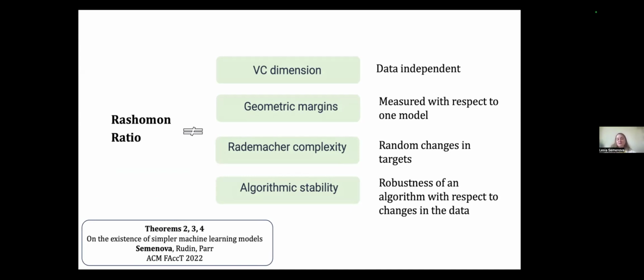Rademacher complexity measures random changes in targets, and at least for 0-1 loss, Rashomon sets are very much dependent on that. And in algorithmic stability, you can design a case where the opposite is true, where the Rashomon set would be independent of the changes in targets, and algorithmic stability would not be. So basically, in a way, this Rashomon ratio describes the problem of machine learning from a different perspective.